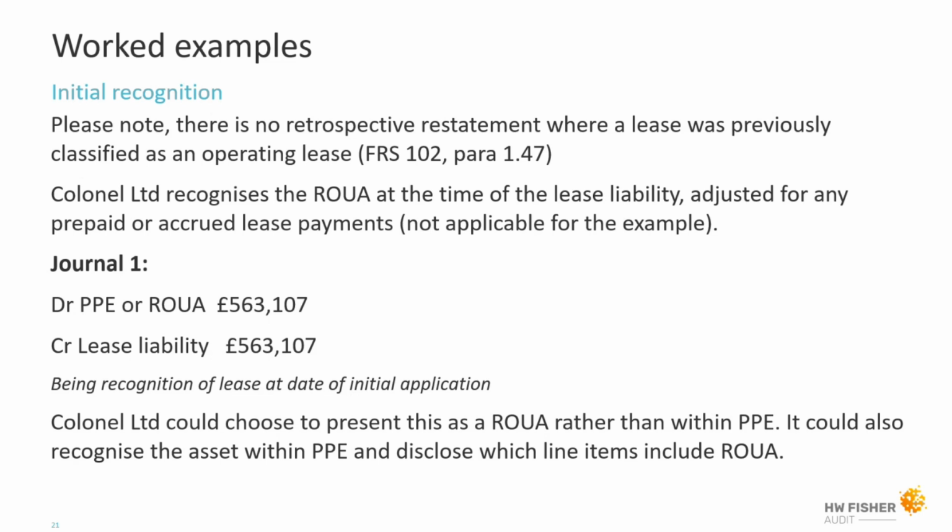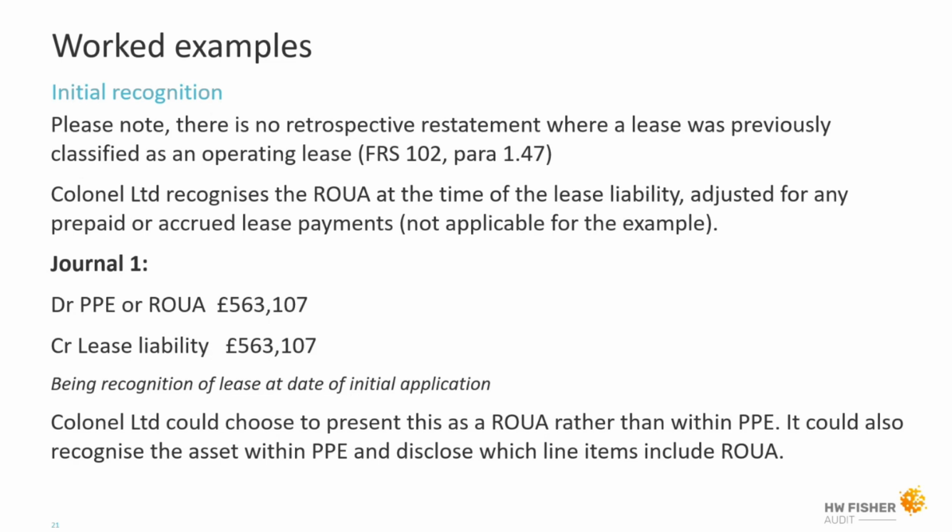For our simple example here, we haven't got any complications around dilapidations or variable payments. We haven't got any other considerations around the asset and whether we should be adding more to the asset. We're just going to keep it very simple at this stage. So we're bringing those on.